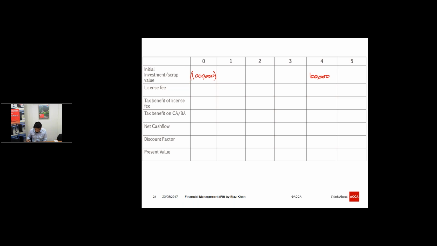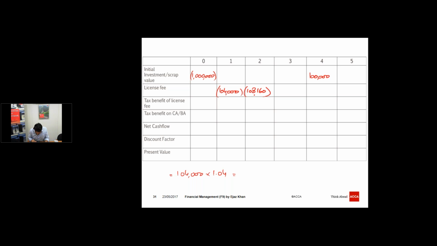License fee will be 1,04,000 according to the question at the end of year 1, and thereafter it will start increasing by 4%. So can you help me in calculating the license fee by the end of year 2, after incorporating the 4% increase? 104,000 into 1.04 is 108,160.